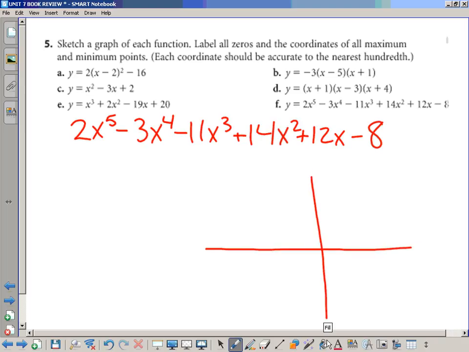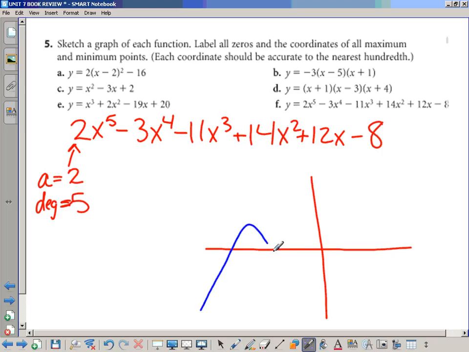One thing to consider when you look at this, if it's a fifth degree function and the leading coefficient is positive, a is 2, degree is 5. Do you guys remember that little chart that we made that said if the degree is odd and a is positive, what should the general shape of the graph look like?